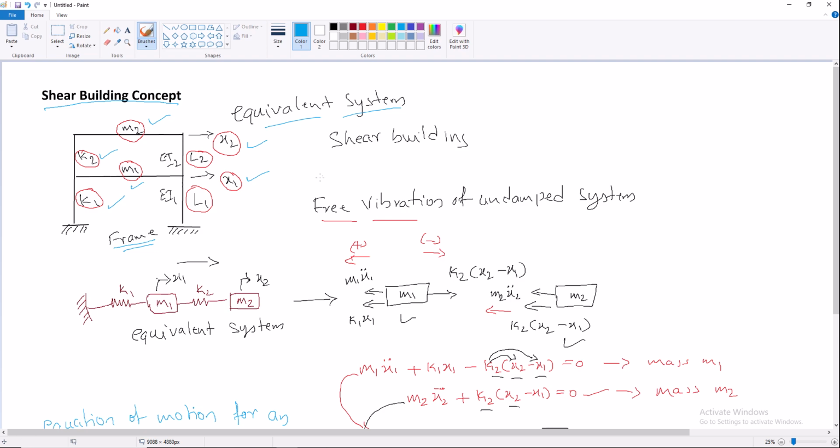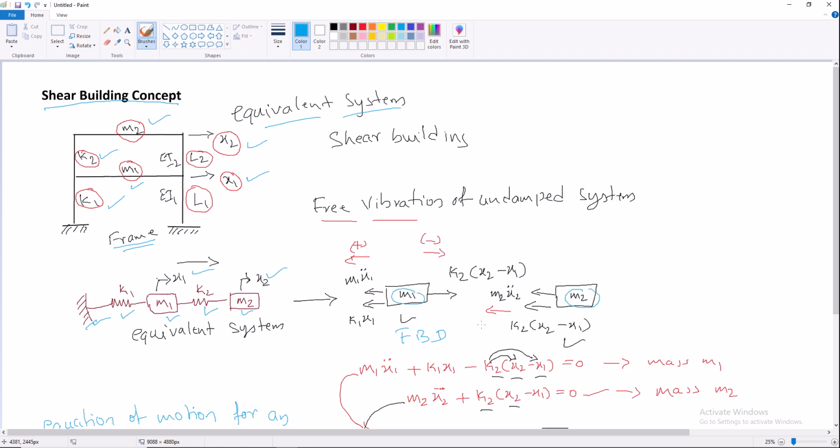The foundation is at a fixed end, with column k1 and column k2, and masses m1 and m2 connected to k1 and k2, with displacements x1 and x2. For this equivalent system we have written the free body diagram for m1 and for m2.